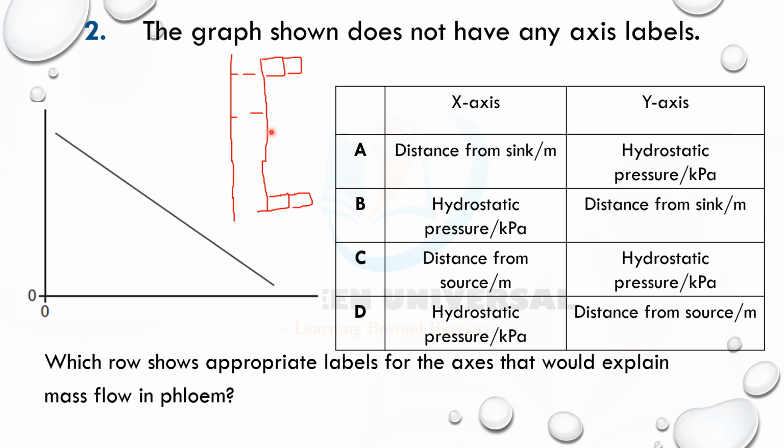If the source was here, it would have a shorter distance, so the hydrostatic pressure will be high, but further along it is going to reduce. So as distance from the source increases, hydrostatic pressure will decrease. So C should be the answer.